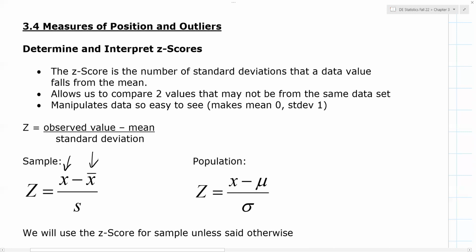So you would take my height and subtract 5'9", and then divide by the standard deviation of the height, which I believe in America is about 2.6 something inches. And so you divide those two things, and you'd come up with a z-score. And because I am taller than the average male, I would have a positive z-score.